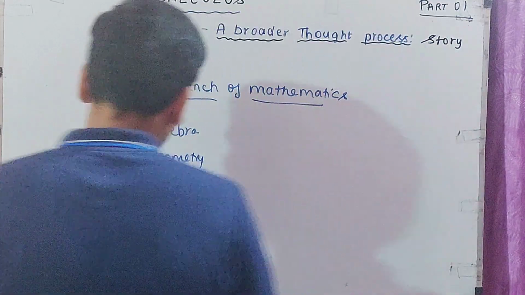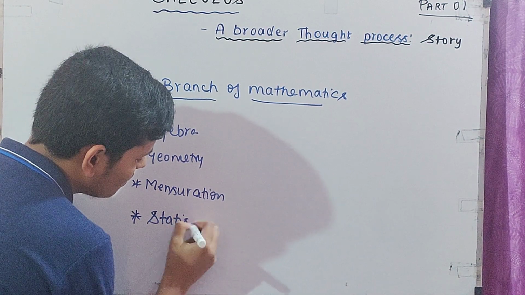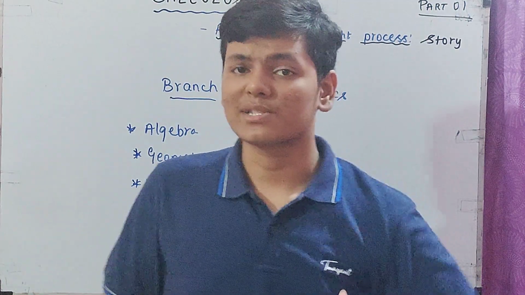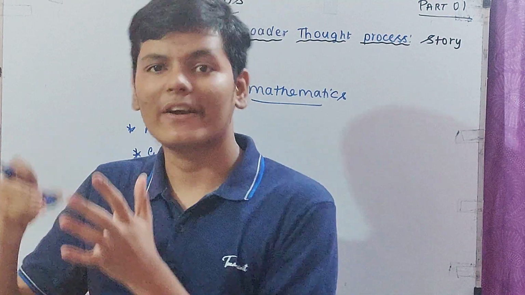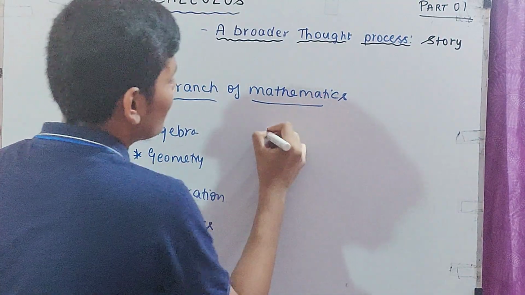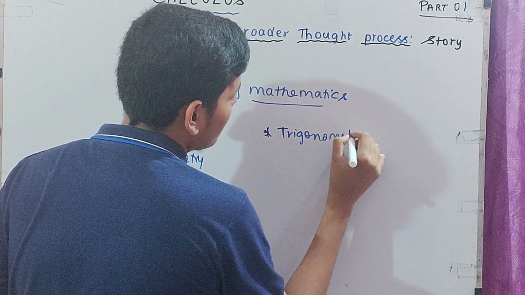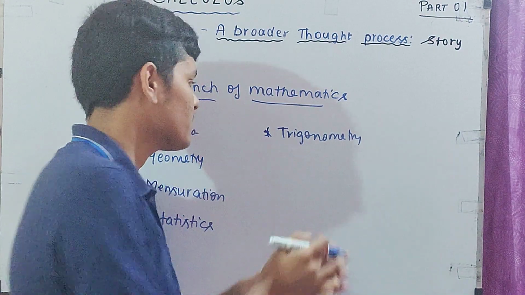Then comes the topic of statistics. Statistics is the branch of mathematics which deals with data, finding out the mean of the data, finding out the median, finding out the mode. Then we have trigonometry, which deals with the angles of a right angle triangle.